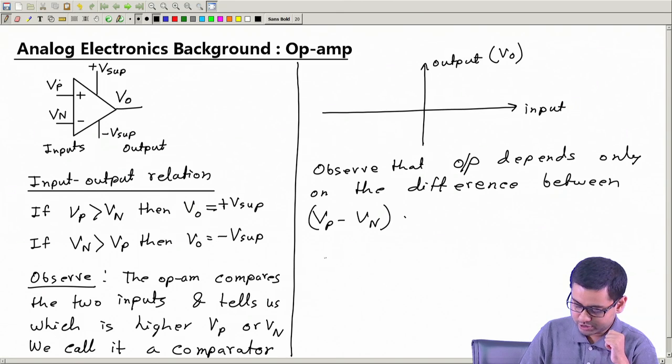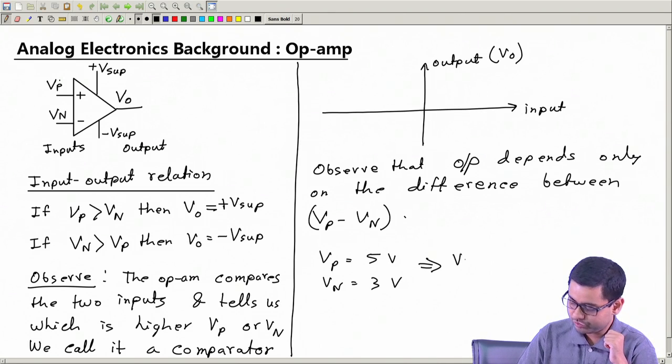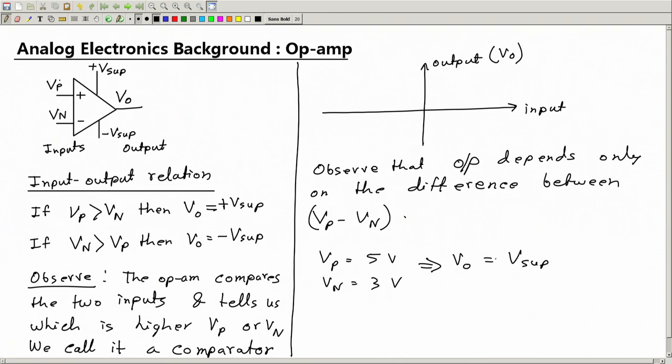For example, it's possible that Vp is equal to 5 volt and Vn is equal to 3 volt. Then Vp is higher, so Vo will be equal to V supply.